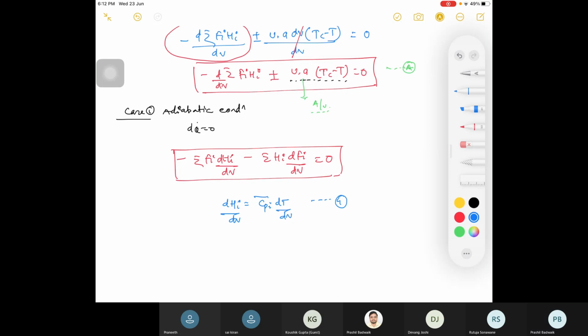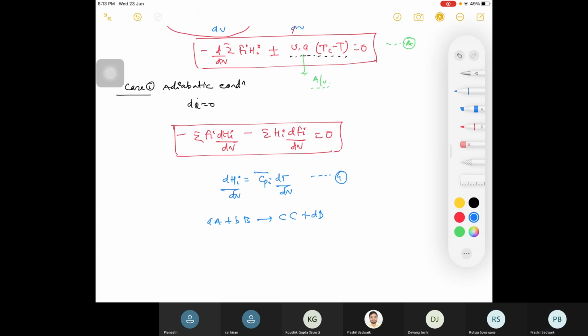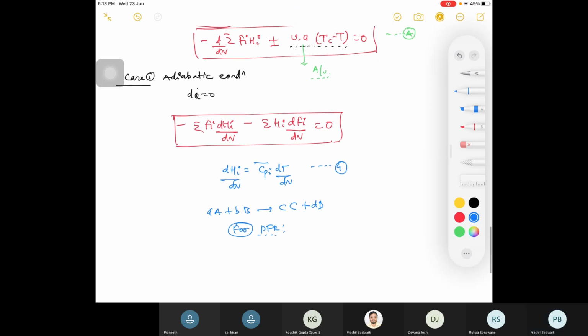Then for a reaction AA plus BB gives CC plus DD, suppose if it is. So for PFR, what equation you are getting? Before integration, that is your FA naught dXA is equals to your minus RA into dV, right? कितना convert हुआ? कितना convert हुआ is equals to your rate into dV, right?